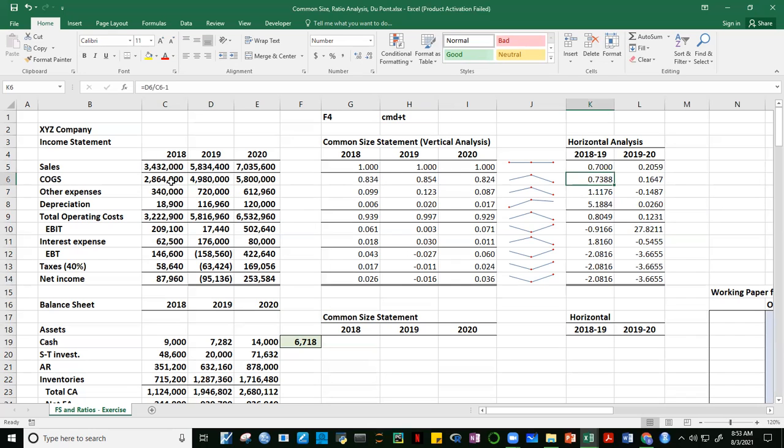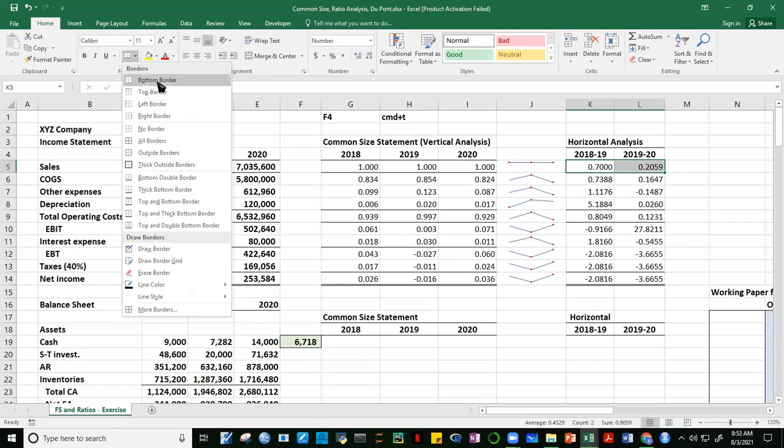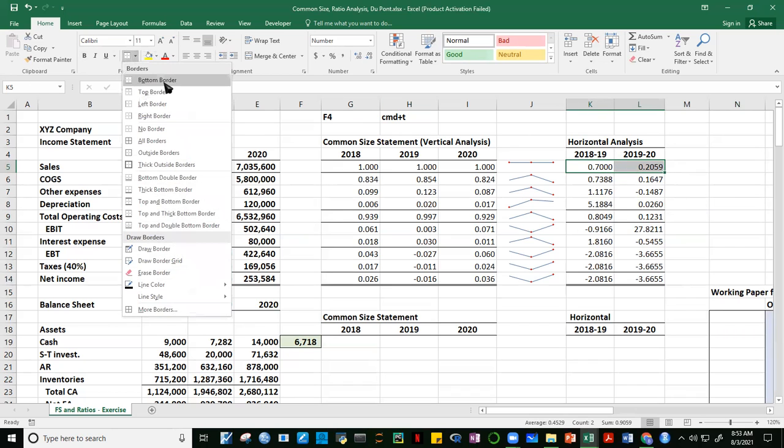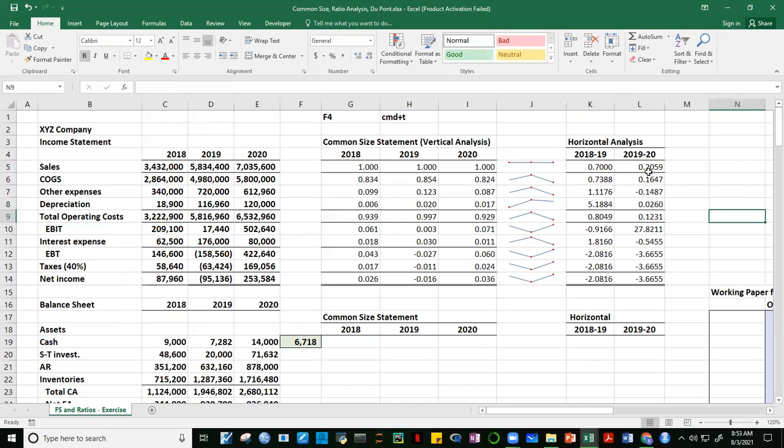Dito, cost of sales from 2.8 million naging 4.9 million. Ang laki ng increase, lagyan natin to ng bottom blue. Ang laki ng increase guys ng cost of sales.